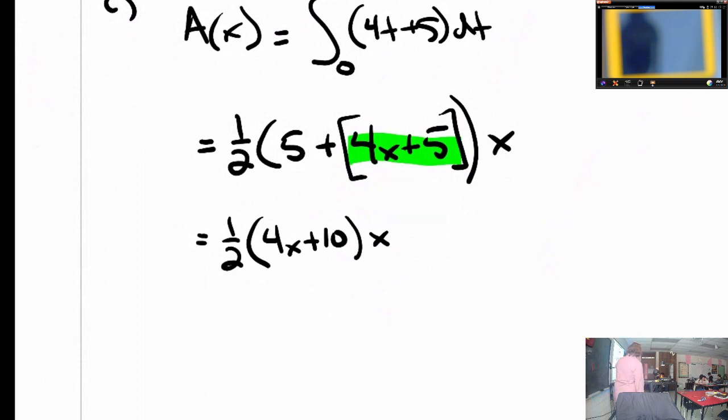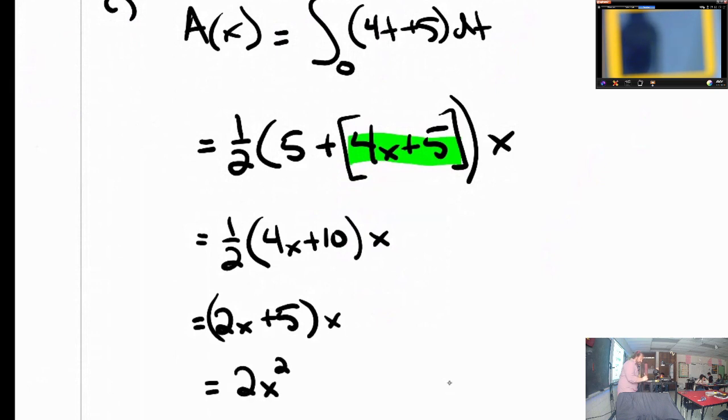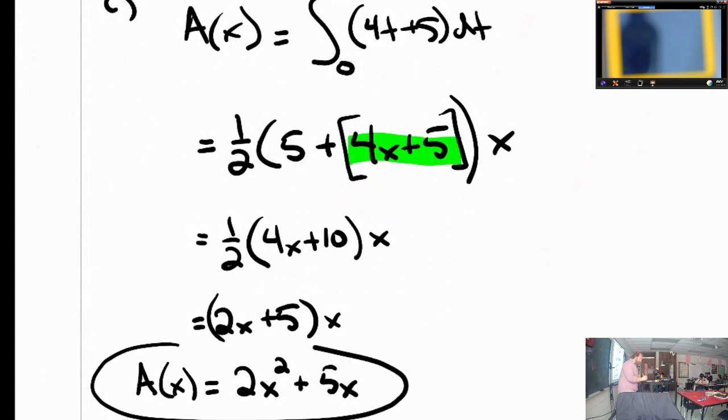And what's nice is the 1/2 can cut 4 and 10 into 2 and 5. So it'll be 2x plus 5 times x. And so the general area formula is 2x squared plus 5x. There's your general area formula for this particular line of 4x plus 5.